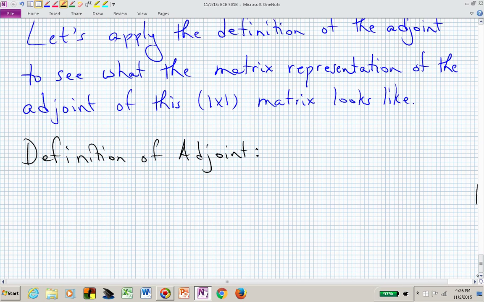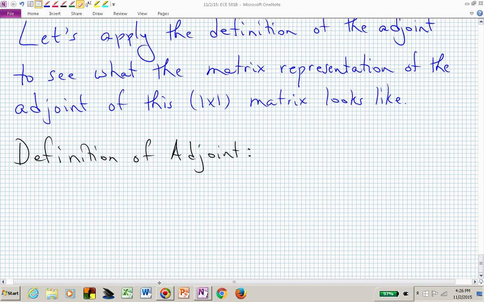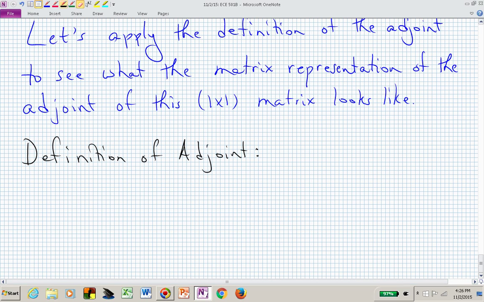Now, what's the definition of our adjoint? Or how did we define the adjoint? As a couple of inner products, didn't we?